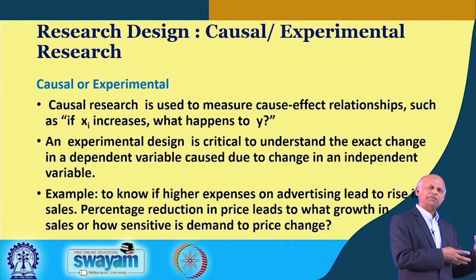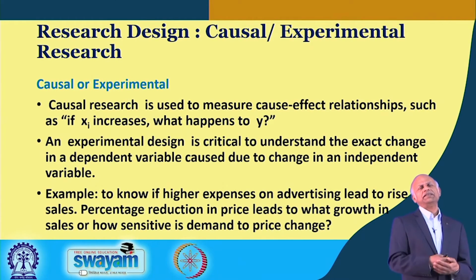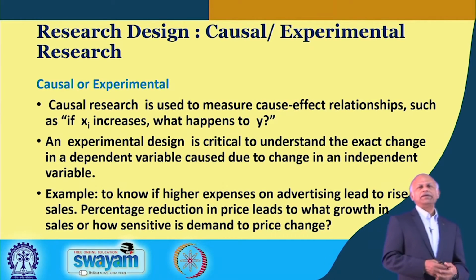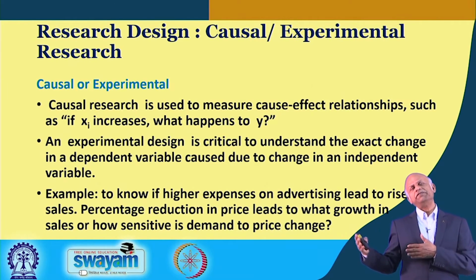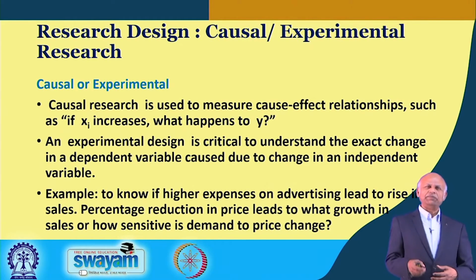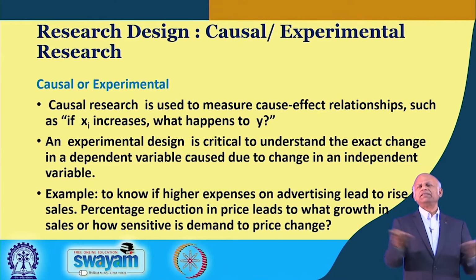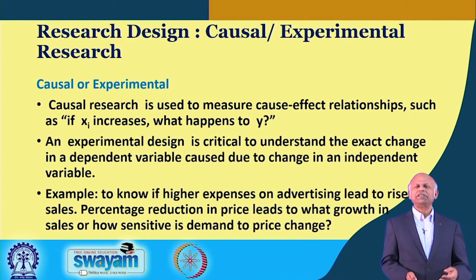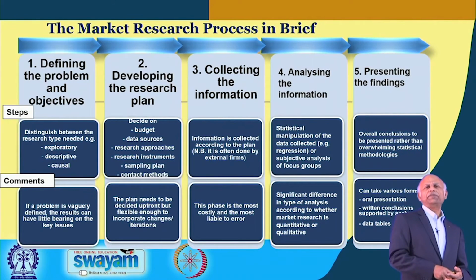So, you change some parameter of your product and see the reaction, and design is very critical to understand the exact change, because the insight you eventually gain depends on the whole experiment. Like say you spend more money on advertisement, whether the sales is going up, etc.